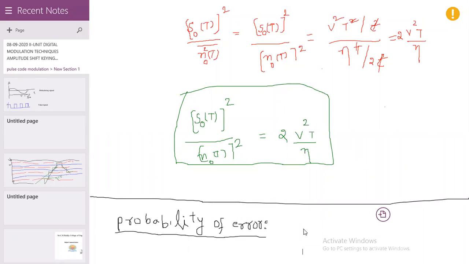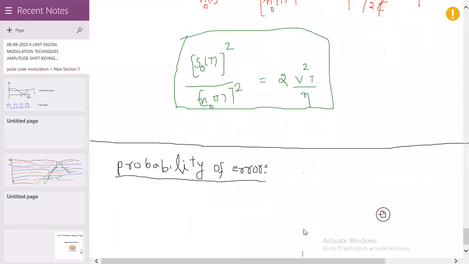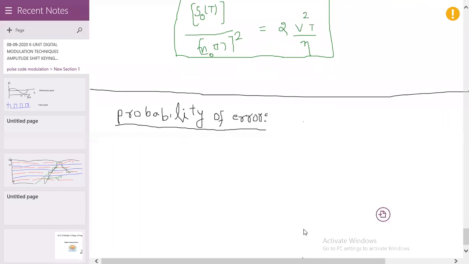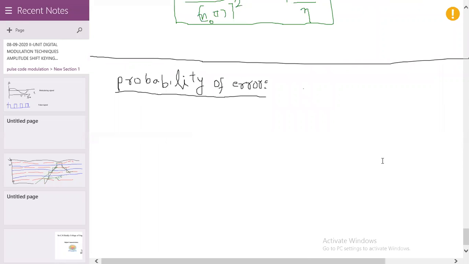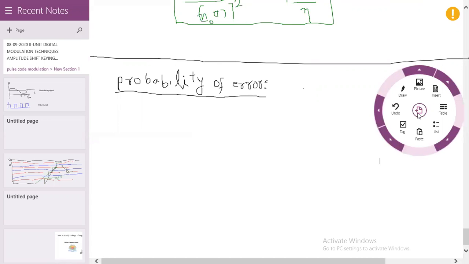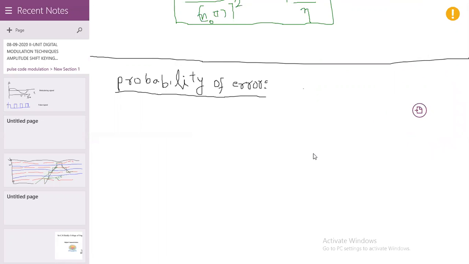So to find the probability of error, which type of probability do we use? Gaussian probability density. In previous classes, in PCM and delta modulation, we considered a uniform probability density function because the swings of the data signal, modulating signal or noise are uniformly distributed.